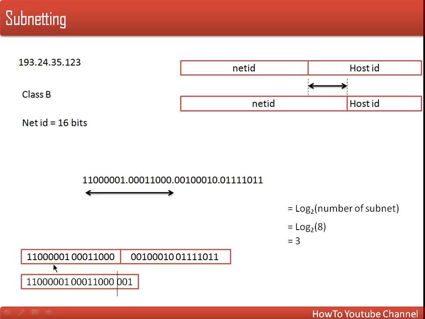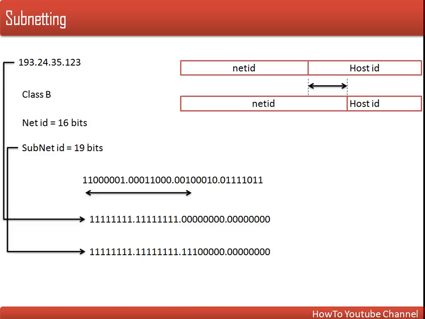Now our 8 subnetworks will have 19 bits reserved for the network ID. This is a class B address, where the number of bits for network ID is 16, and the subnetwork ID will be 19 bits, as 3 bits are taken from the host.